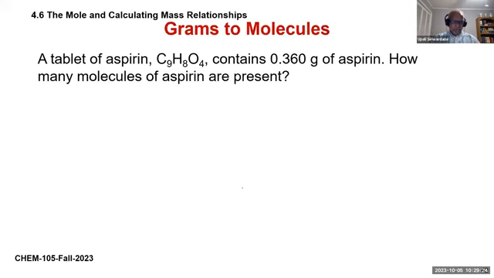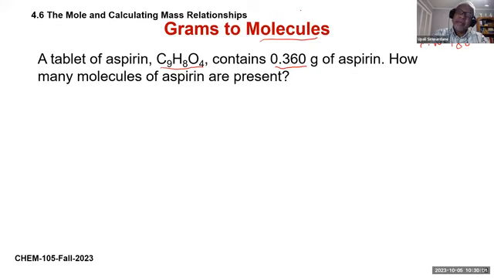We're going to look into more questions using mass relations, mole-gram conversions in stoichiometry. We talked about aspirin. It has a formula weight or molar mass of 180. We calculated it in the table. How many molecules of aspirin are present in this mass? This is grams to molecules.